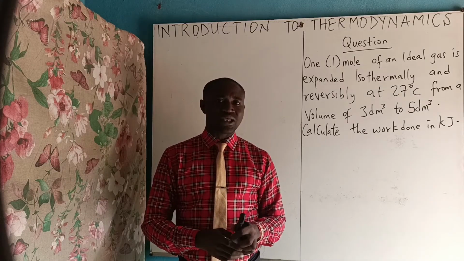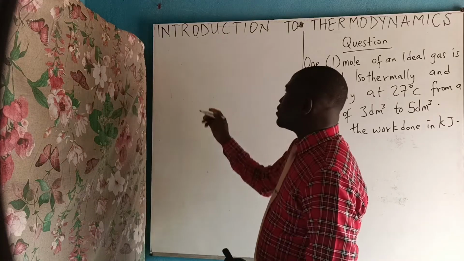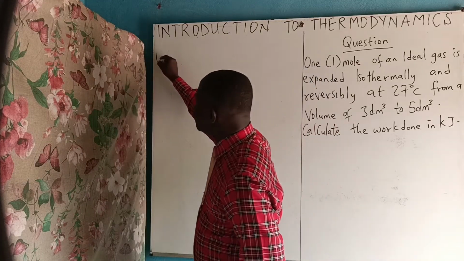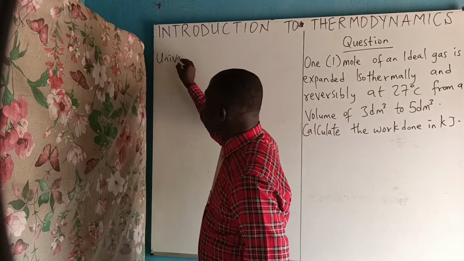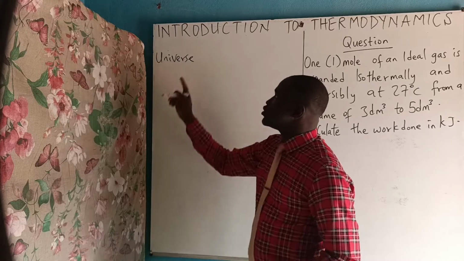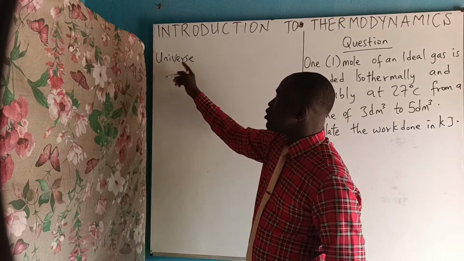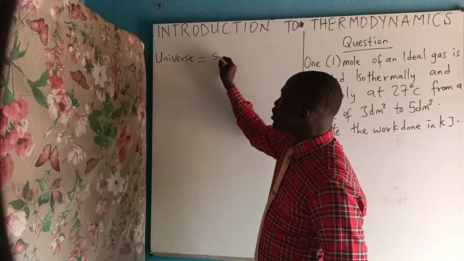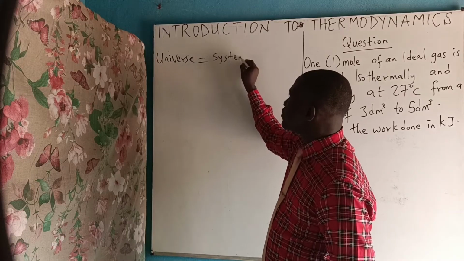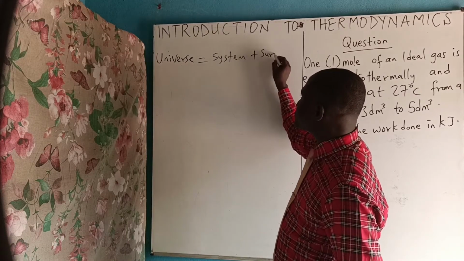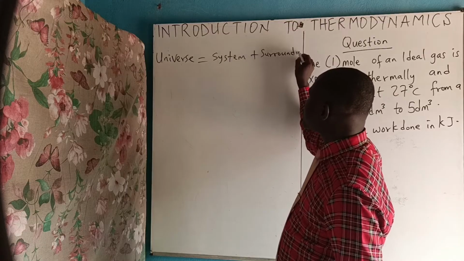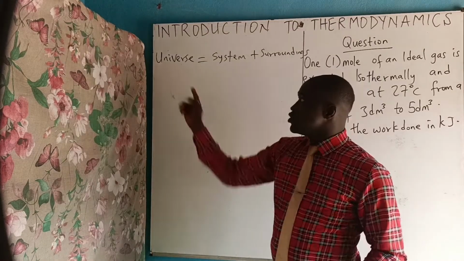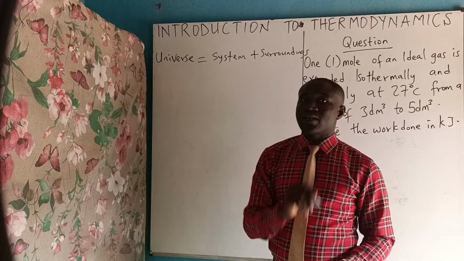Let's understand this concept very well. Before we continue, we need to understand that universe is equal to system plus surroundings. Universe equals system plus surroundings.